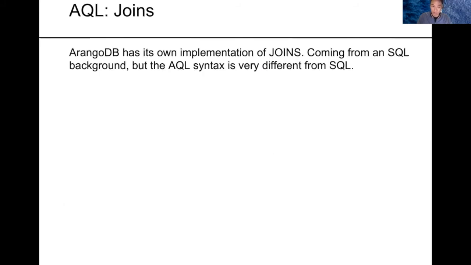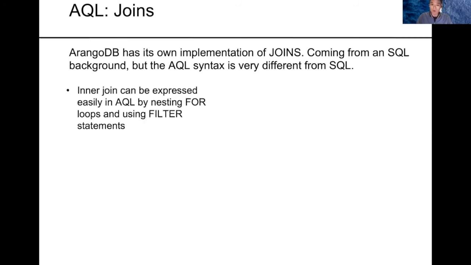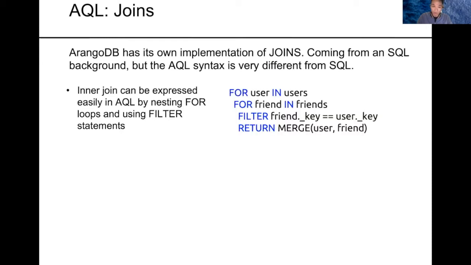AQL has its own implementation of joins coming from an SQL background, but the AQL syntax is very different from SQL. Inner joins can be expressed easily in AQL, listing FOR loops and using the FILTER statement. In this example, there are two loops.